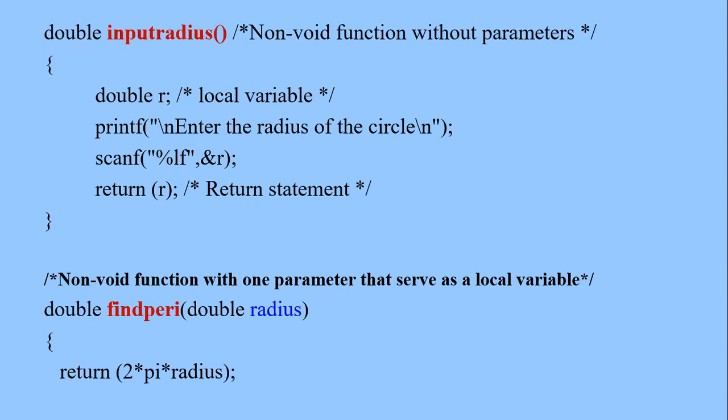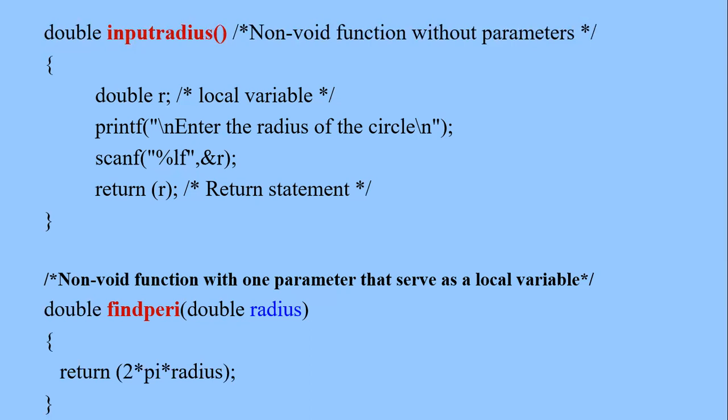This function is computing the perimeter of the circle by multiplying what is stored in the memory location called radius by the content in memory location called pi by 2 and returning the value as perimeter to the calling function.